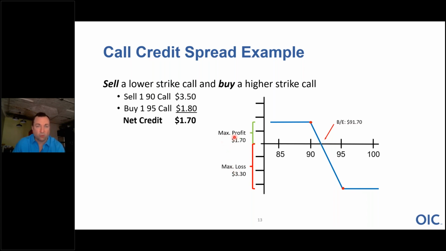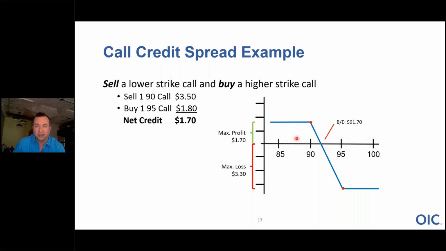And you can see why we're getting a favorable break-even point: the max profit is $1.70, the max loss is $3.30. So we have a much greater potential loss than potential gain because we are getting that advantage of time decay, of natural erosion, and this break-even point that is on the positive side or the better side of where the stock is.